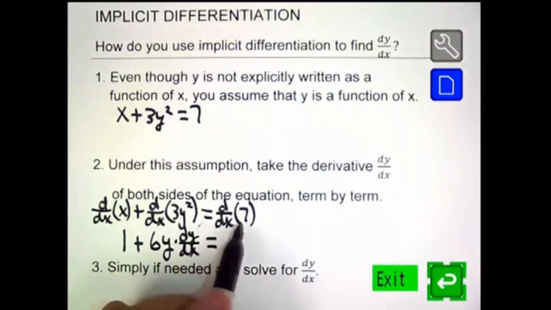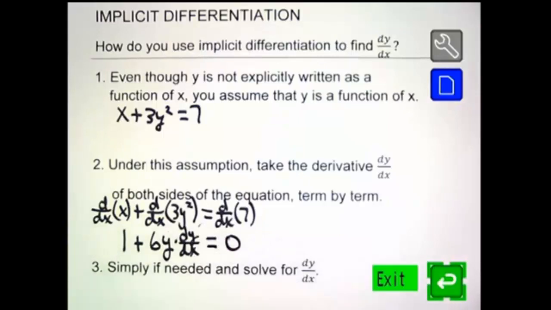And the derivative of a constant is always 0, so the right hand side would be 0. And the last step in the process is simplify this if you need to, and then solve for dy over dx. In other words, get this dy over dx on one side by itself. And that's easy enough because this problem is pretty simple.